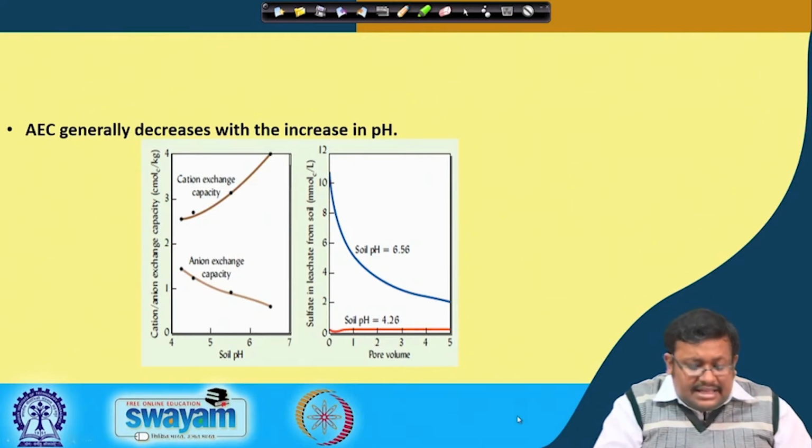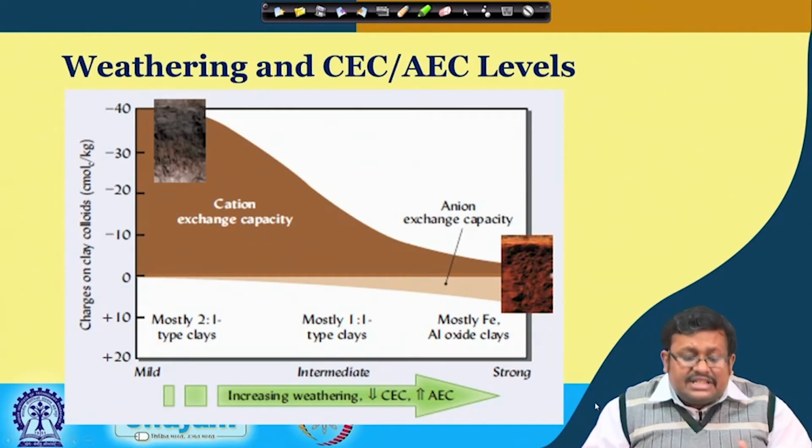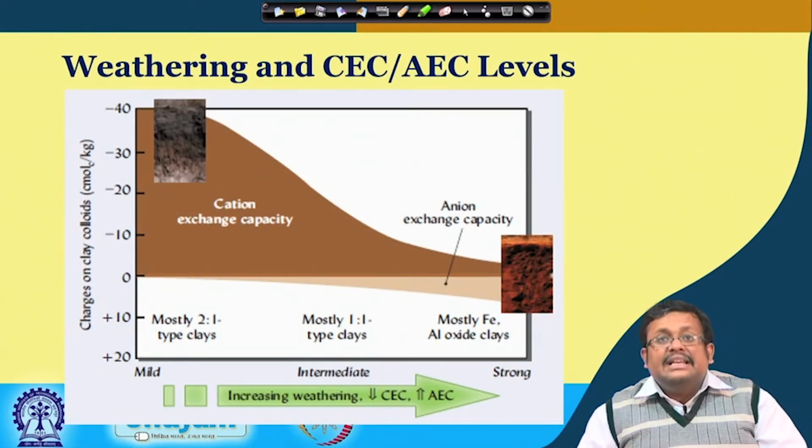This graph shows that relationship. So what is the relationship between weathering and CEC and AEC levels?